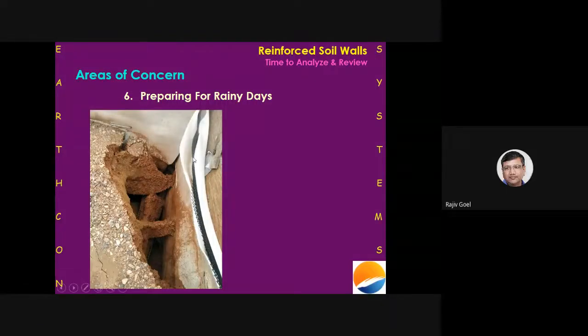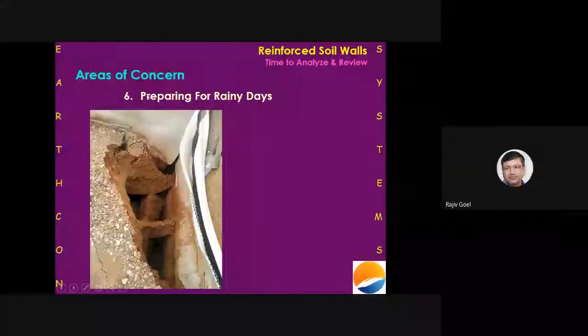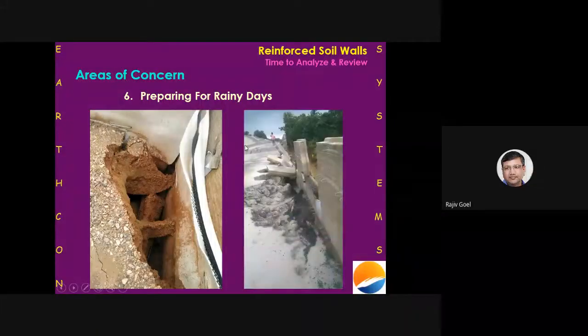Now, this is the biggest disaster, I would say, which has happened to the reinforced soil wall construction in this country. This is an economically cheaper version as compared to the filter media, and all the contractors only wish to use it. But anyway, I was coming back to the rainy days.